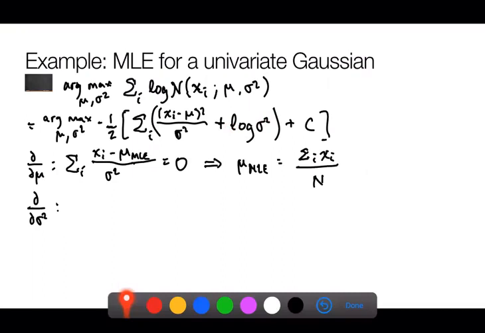So the expression that I end up getting is something that looks like 1 over 2 sigma squared squared, times the sum of my data points, minus 1 over sigma squared times the total number of data points, because this log sigma squared is inside the sum. So I get an n over 2 sigma squared.